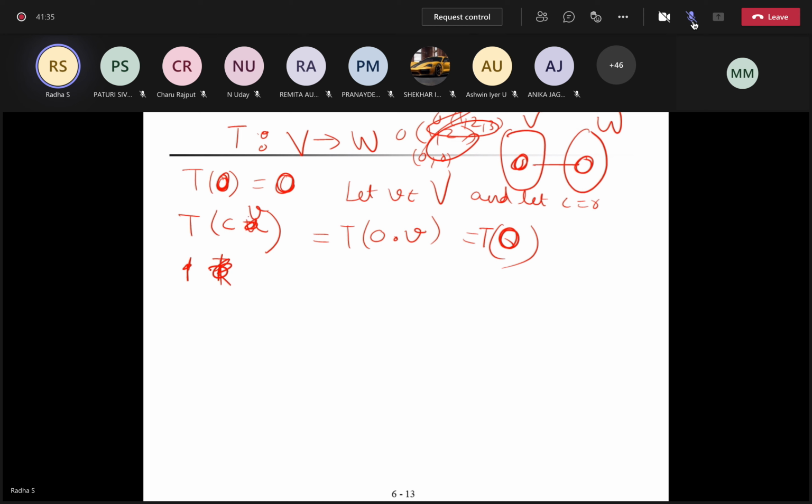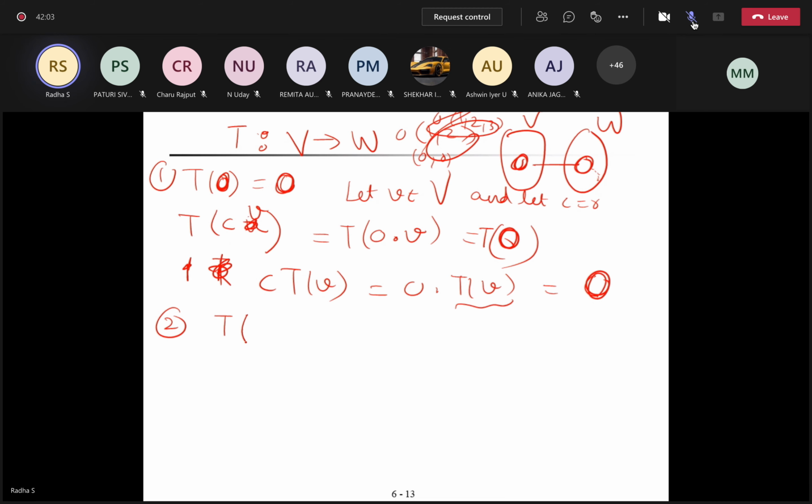So, c into T of v is equal to, what is c? 0 into T of v. 0 into T of v is a vector here, right, in W. So, it is again a 0 vector, but this 0 vector is from this particular vector space. So, any 0 vector here is mapped onto 0 vector here. That's why T of 0 is 0.